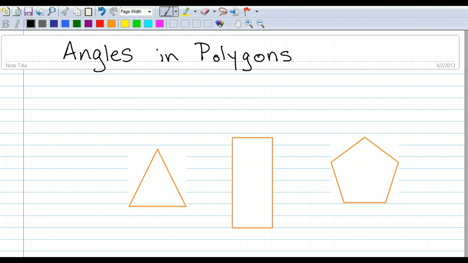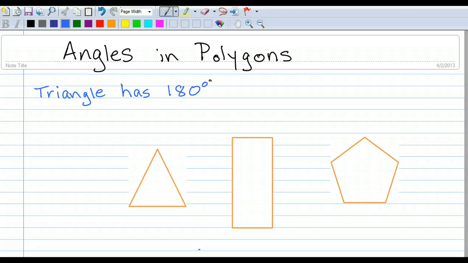Now, one thing you have to remember that I've told you before, write this down in your notes: a triangle has 180 degrees total. Okay? If you add up all of the angles in a triangle, they have 180 degrees.